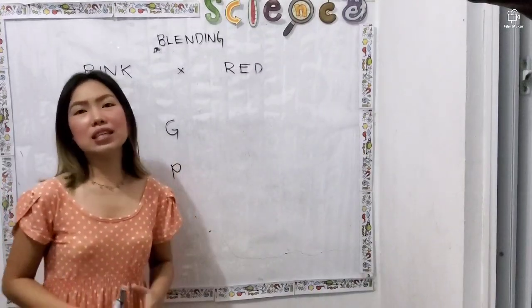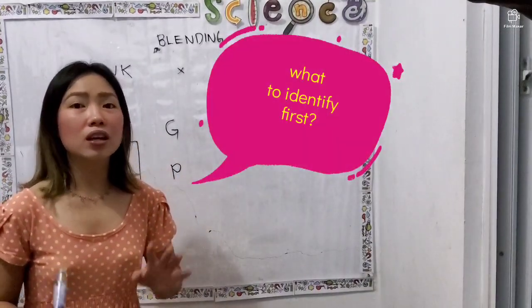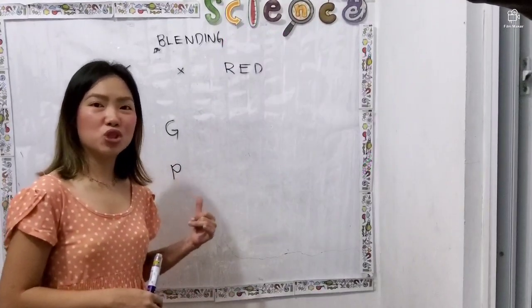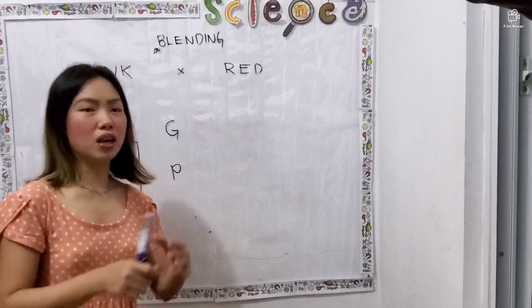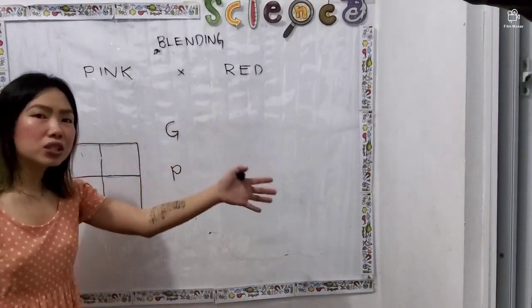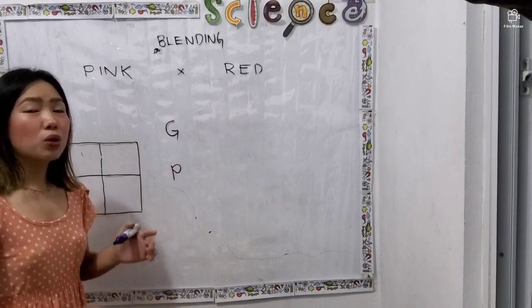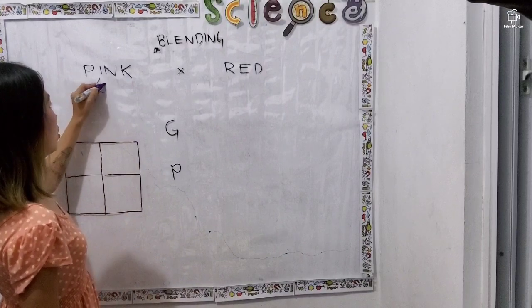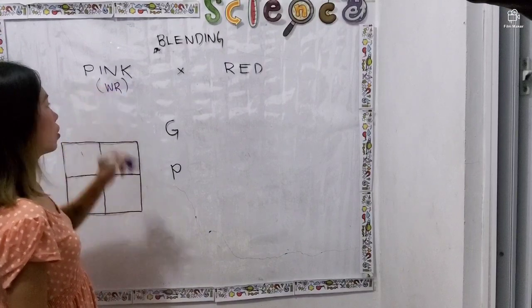So, una at higit sa lahat, anong dapat mong alamin? The genotype. Kasi hindi ka makakapag-crossbreed kung hindi mo alam ang genes na iyong ipag-crossbreed. So, if we're talking about the pink, sabi natin sa una nating example, the genotype of the pink is WR.